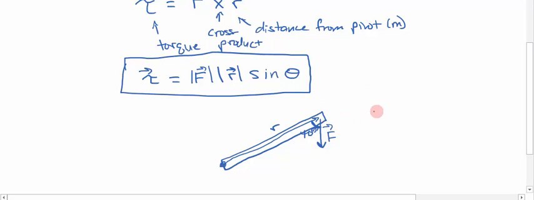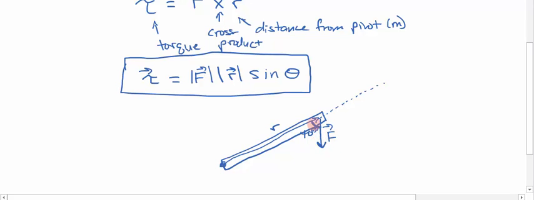The theta that we want is essentially the angle between the line that connects the pivot to where the force is being applied and the force itself.